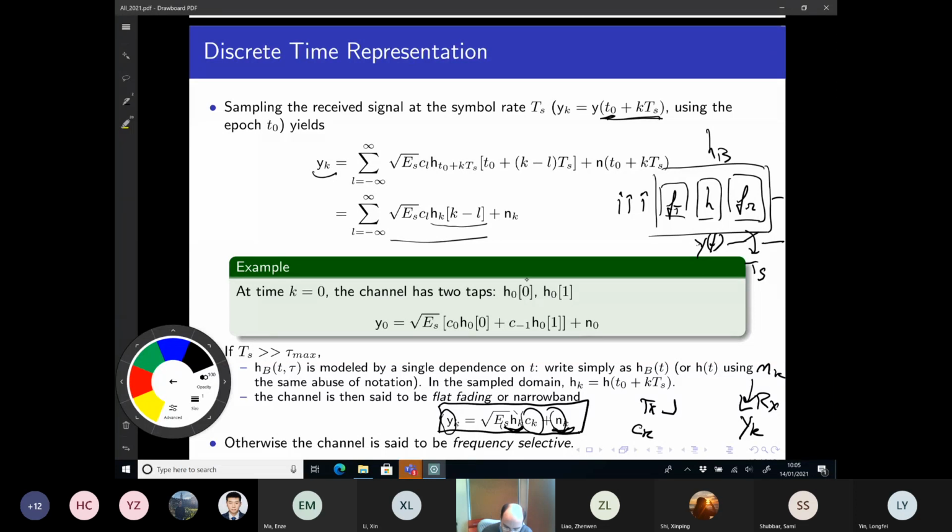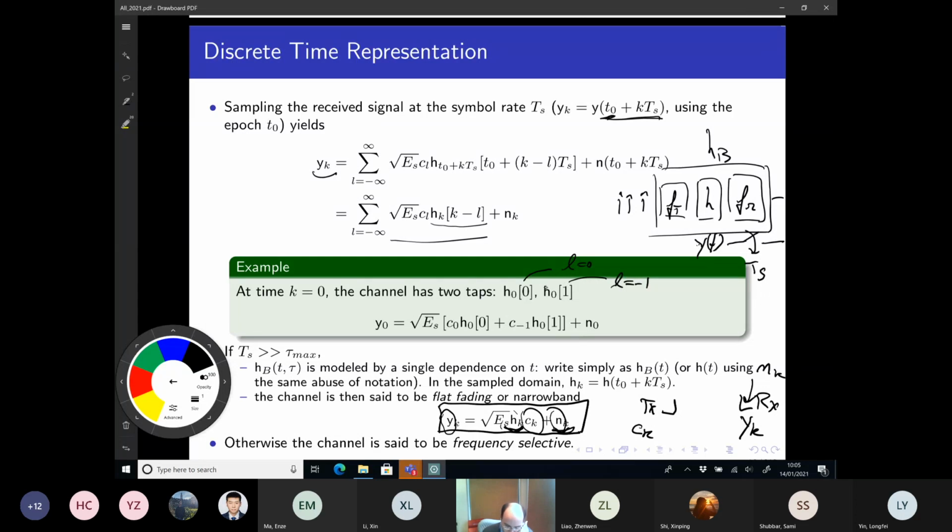So that means, for instance, I'm going to have this for L equal to 0, and k is equal to 0. So k minus L, with L equal to 0, I'm going to have 0. And for L equal to -1, I'm going to have k equal to 0, and -1, so I'm going to have H0 at 1.